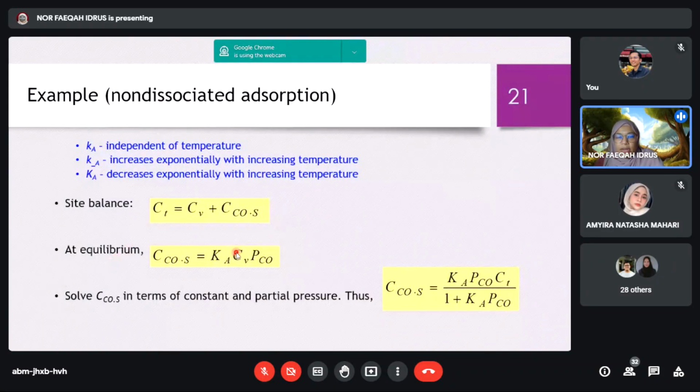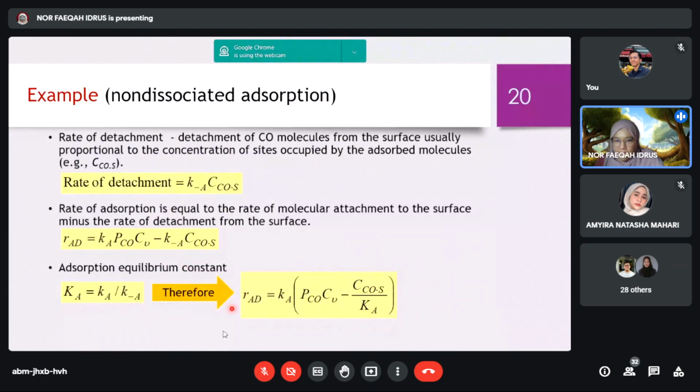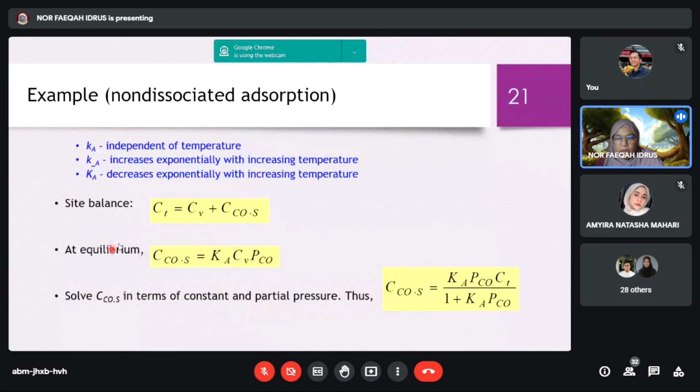Then at equilibrium, RAD, the rate of adsorption, equals 0. Rearrange and you will get this equation. And then solve for CO.S and the partial pressure. I will show this later in the example.